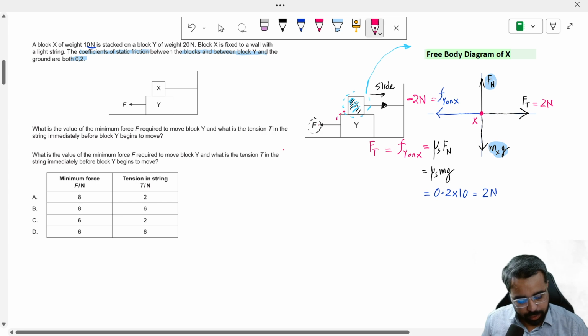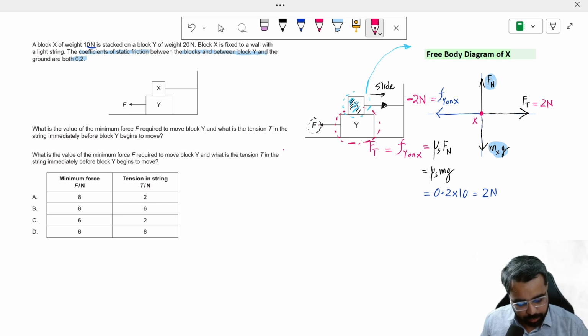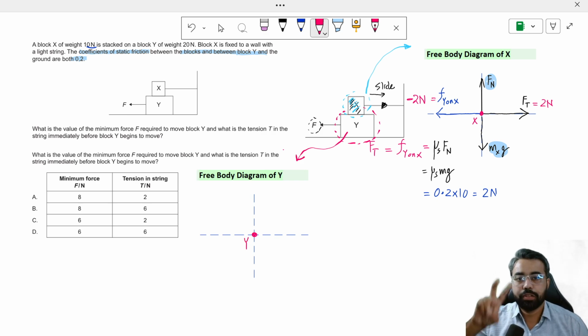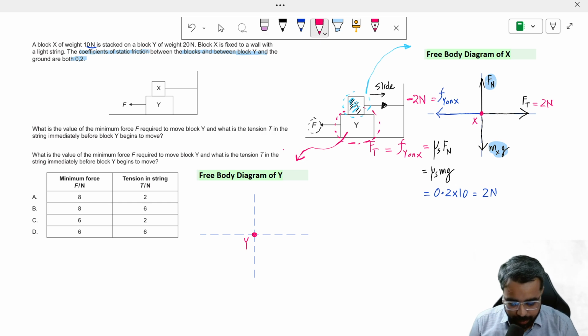So students, for this we will now draw its free body diagram. For Y, you have to keep in mind that Y is experiencing two frictional forces. Which two? One force is exerted by X on Y, and it should be in which direction?